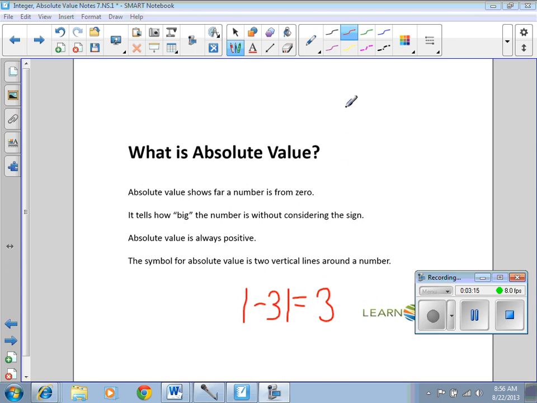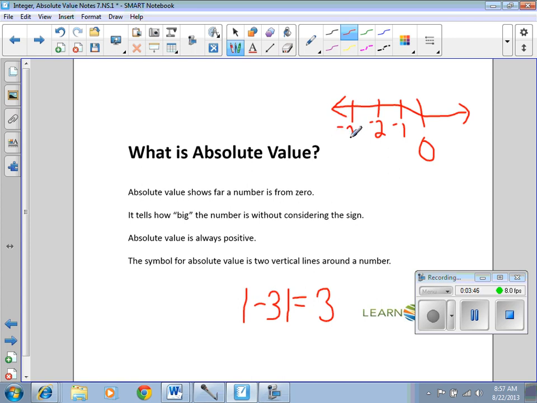So if I were to come up here and draw a crude number line, which should be straight, but you get the idea. And I put 0 here. Negative 1, negative 2, and negative 3.